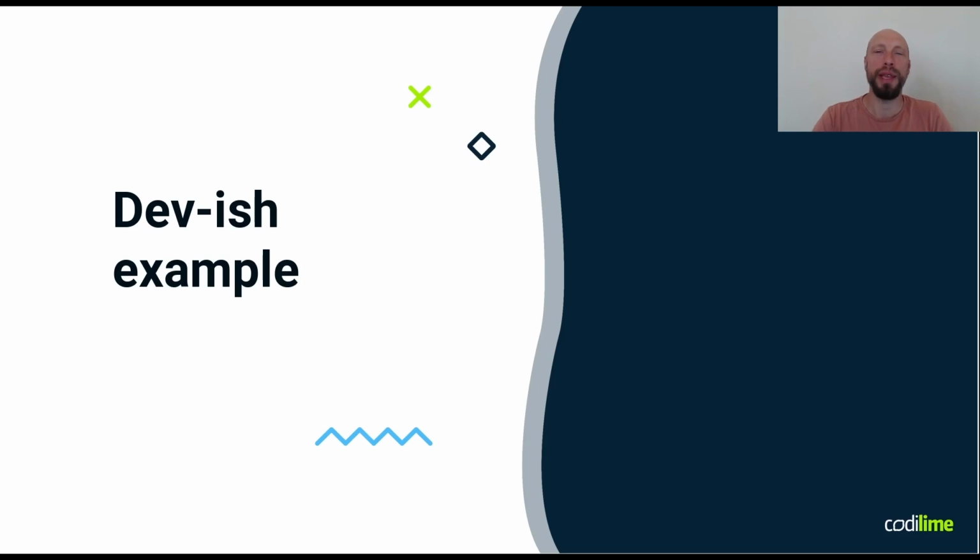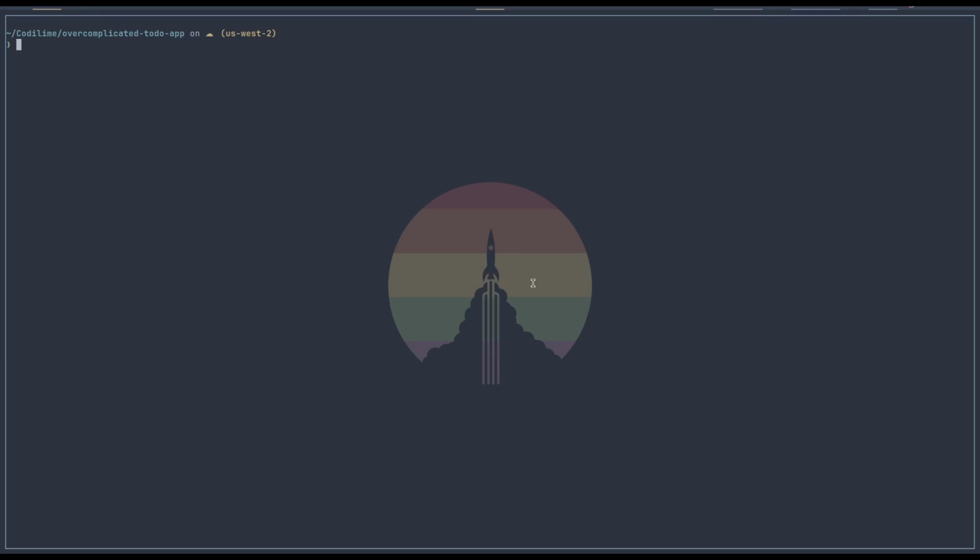But let's work on an example of our own to explore some of the Tilt features. Okay, so I have Tilt already installed, as well as CodiLime, which I will use to create a local Kubernetes cluster. Let's start with that.